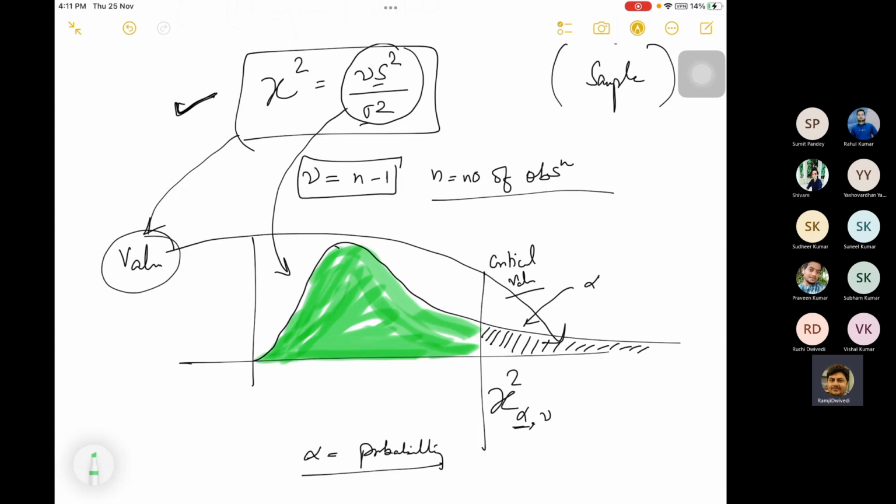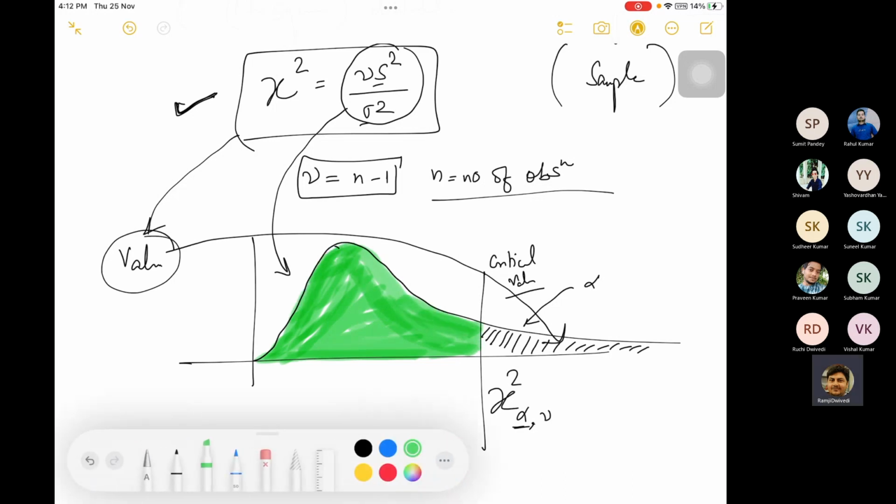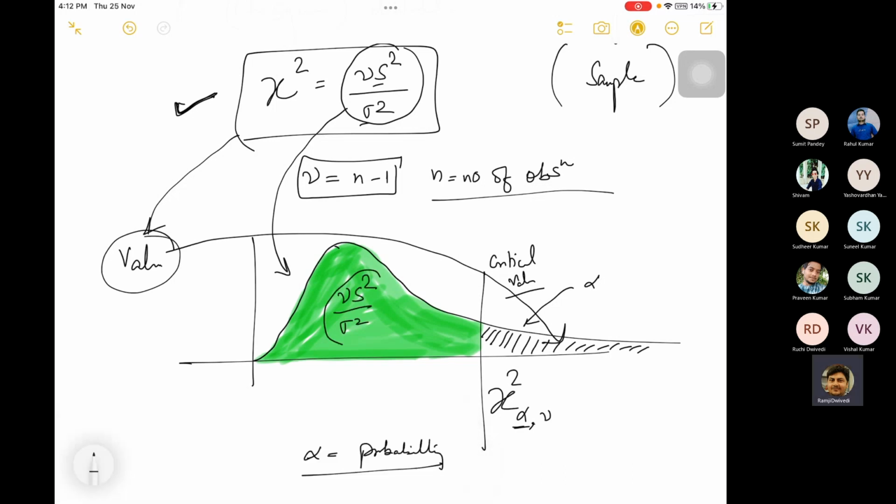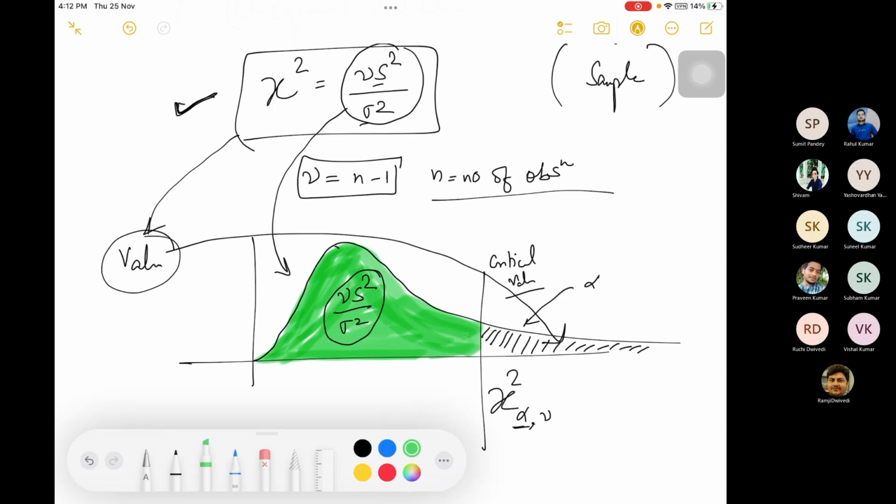This is a region for this ratio. Which ratio? It is expected that it will fall here. What is not expected? That it should not fall here.